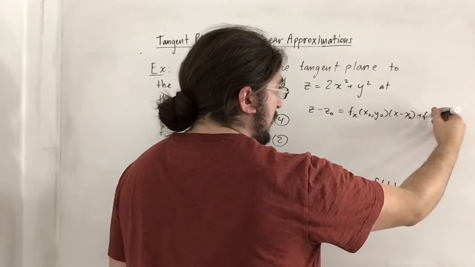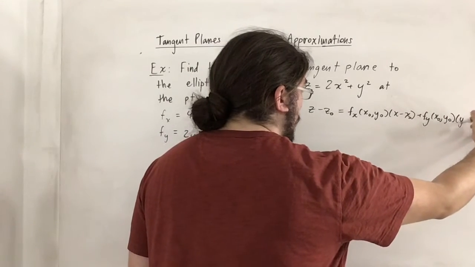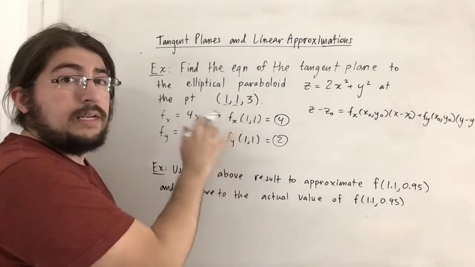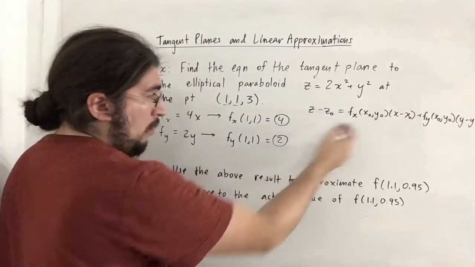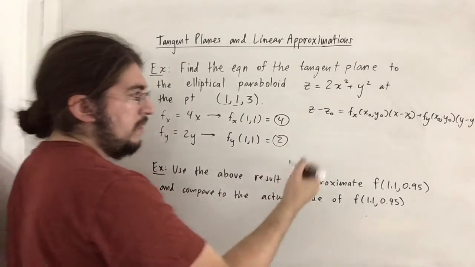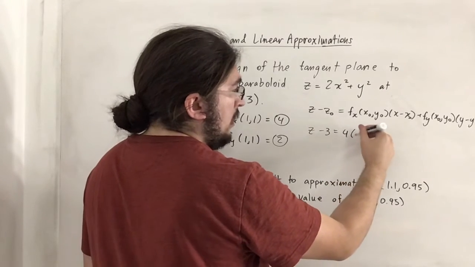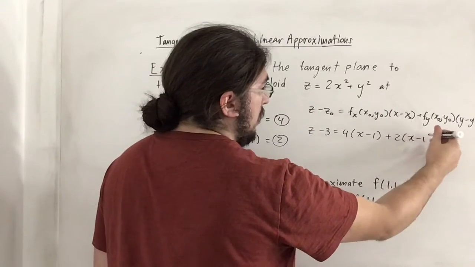And then similarly we have fy at the point x naught y naught multiplied now by y minus y naught. And considering this as our x naught y naught z naught, and fx of x naught y naught to be this, and fy of course to be the other value, we get the following. z minus 3 is equal to 4 times x minus 1 plus 2 times y minus 1, sorry.